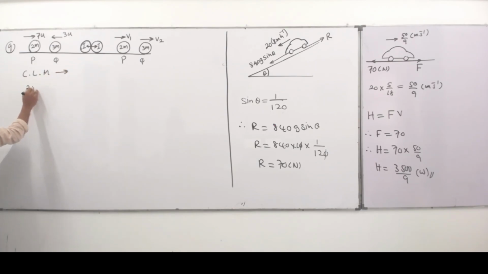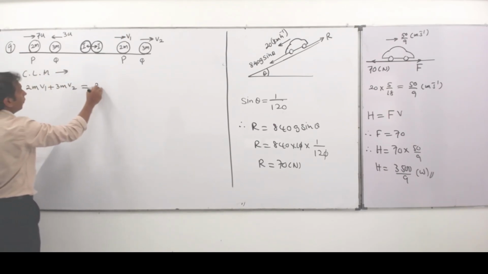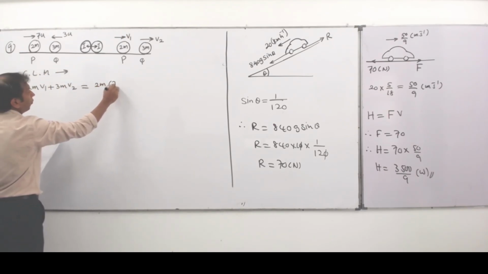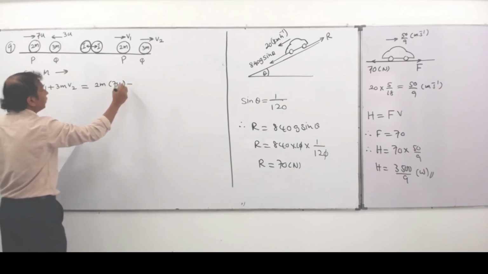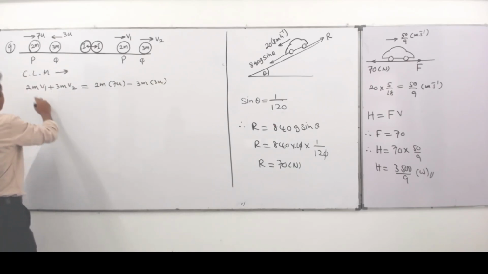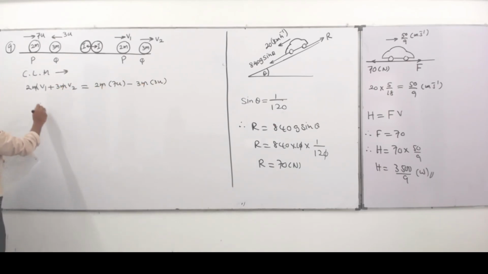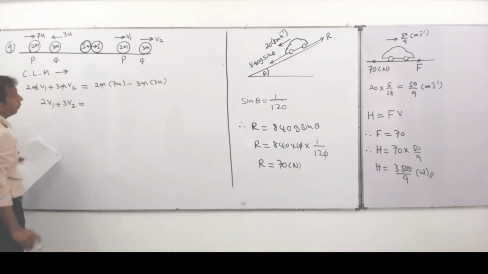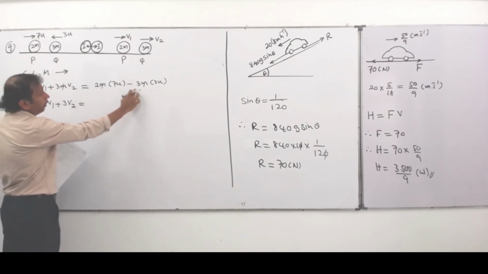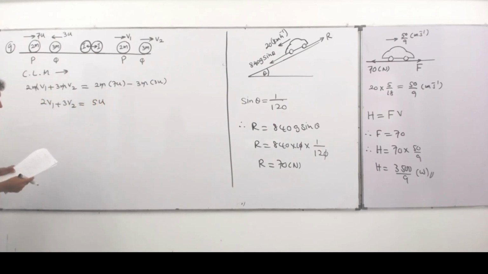After the impact, 2m v1 plus 3m v2 is the total momentum, equal to the momentum before: 2m into 7u minus 3m into 3u. m can cancel down. 2v1 plus 3v2 equals 14 minus 9, that is 5u. We get equation number 1.